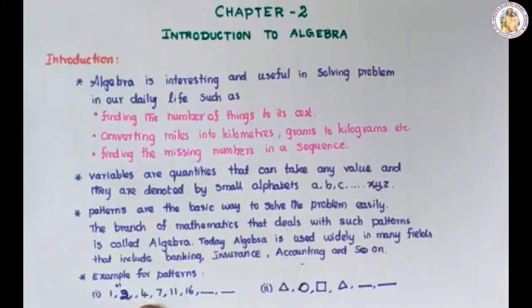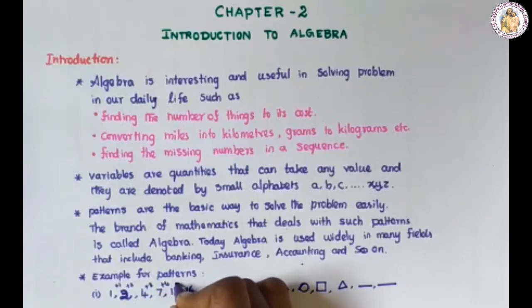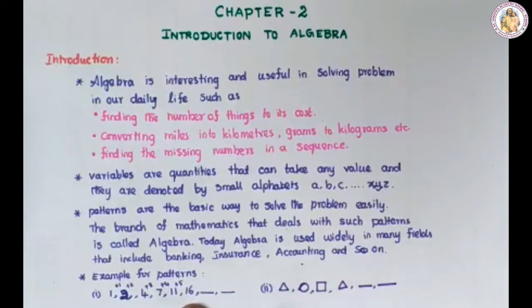Then 2 and 4: 2 plus 2 we get 4. Then 4, 7: 4 plus 3 we get 7. After that plus 4. Plus 1, plus 2, plus 3 and plus 4. Here plus 5, we get 16.